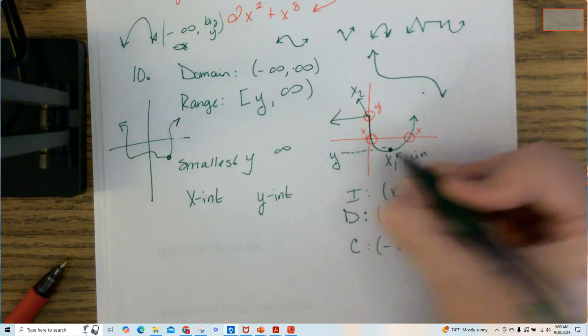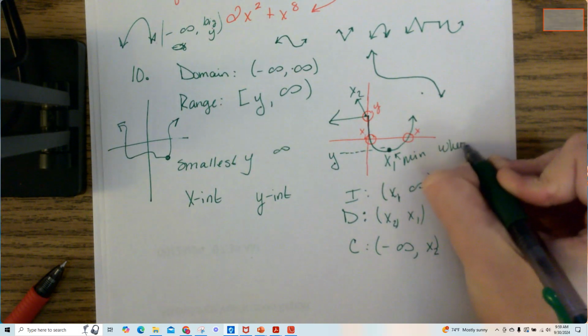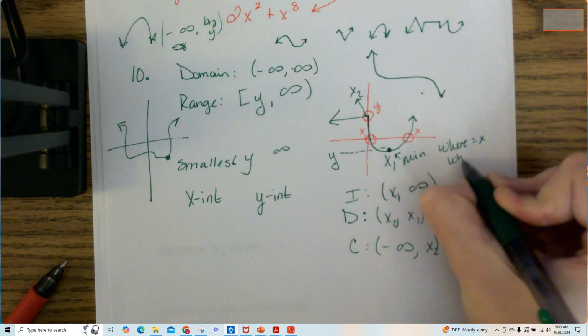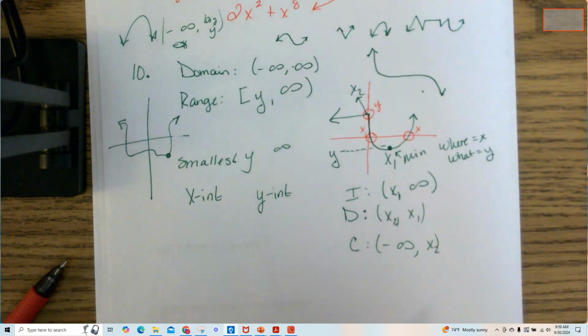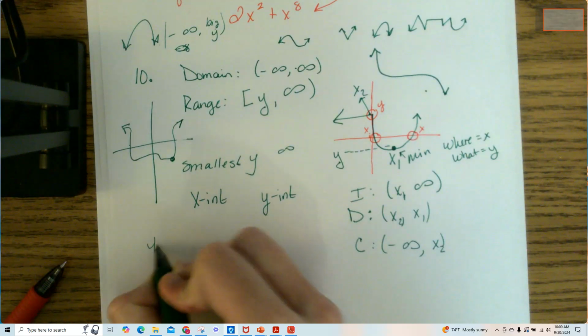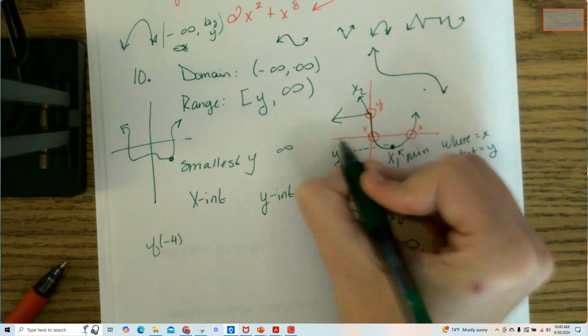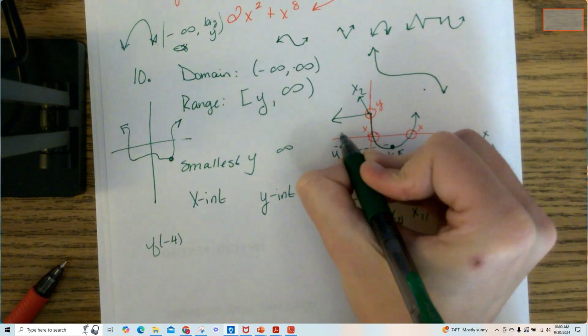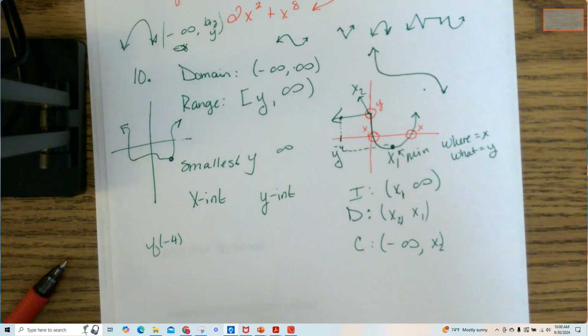So the number is the x value, and the minimum is the y value. Does it ask for maxima? No, it says what is f of negative 4. Go to wherever x is negative 4 and read the y value.